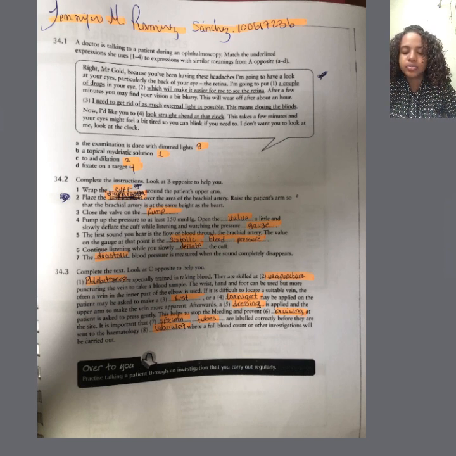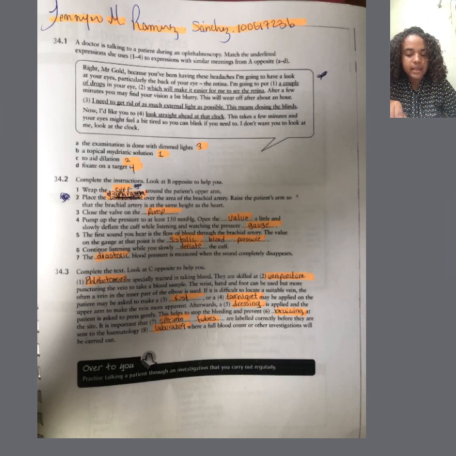I am going to put a couple of drops of a topical mydriatic solution in your eye. This will make it easier for me to see the retina.